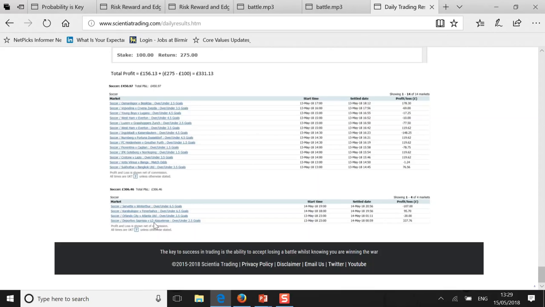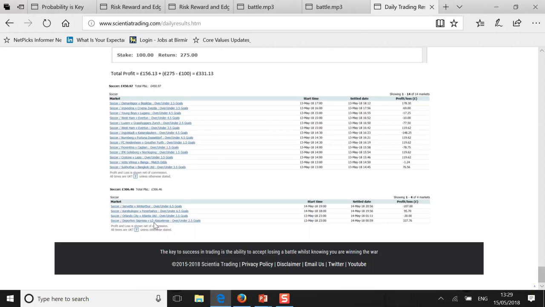Because normally, if you're looking to lay a game which has high potential of goals, normally at the beginning of a match, then the under 2.5 would normally be around 2.2, 2.4. It wouldn't be evens, but it was even.